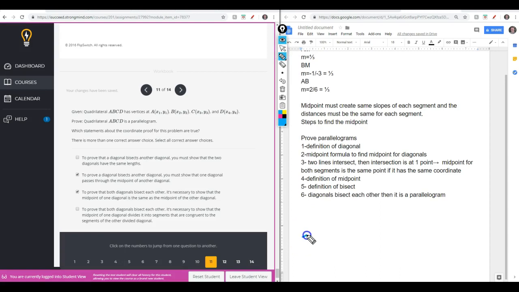So in the quadrilateral, it's comparing these two segments to each other, not this segment to this segment. So that's not true.